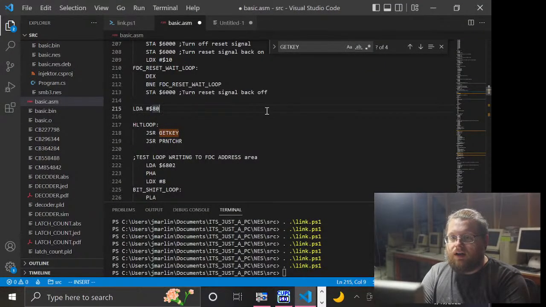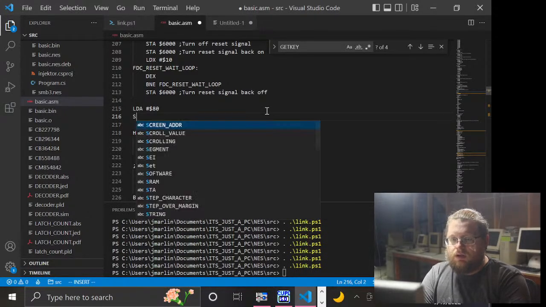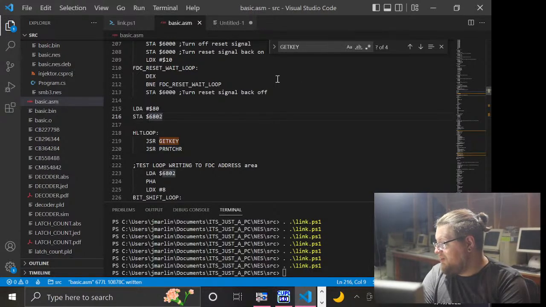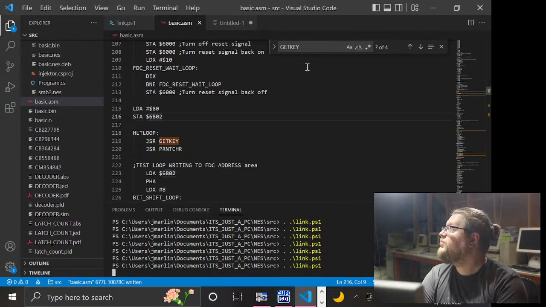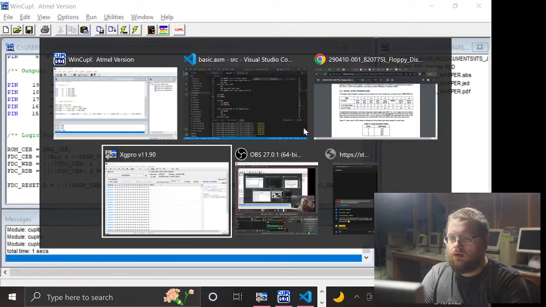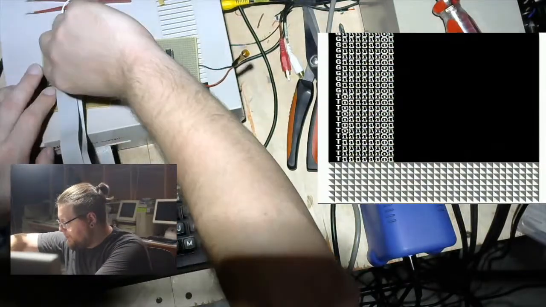Anyway, right now all I care about is, can I see that bit getting written? So store that to 6802, and that should be that, and we should read it, and we should see an 80 whenever we press the keys, if I am understanding things correctly. Right, here comes the traditional programming of the doodad.